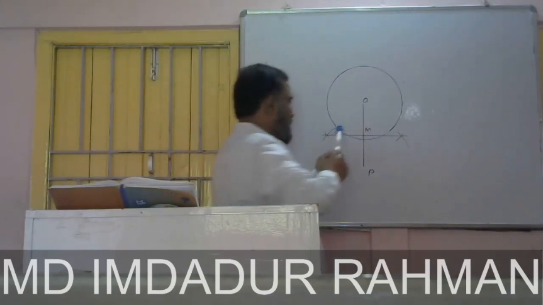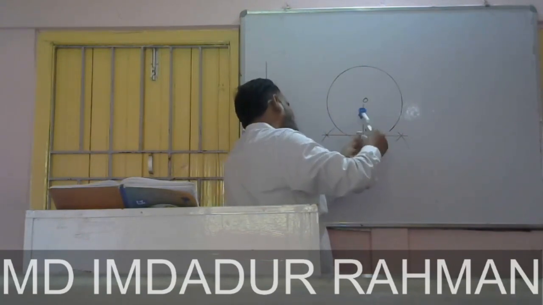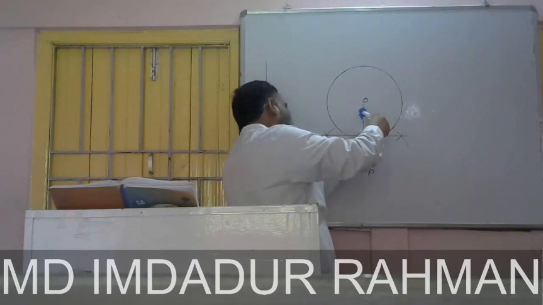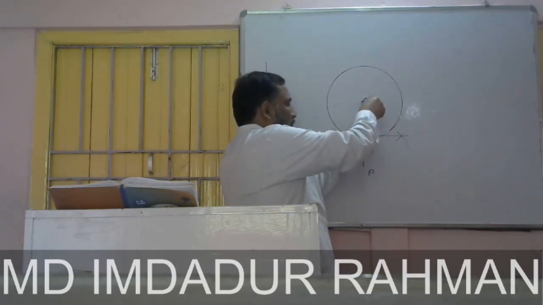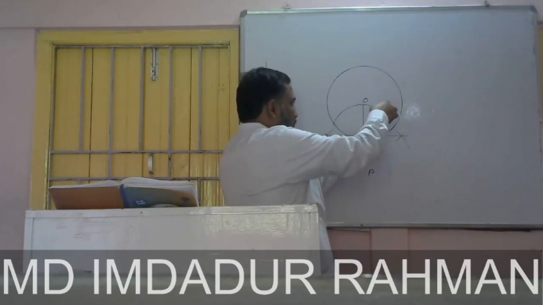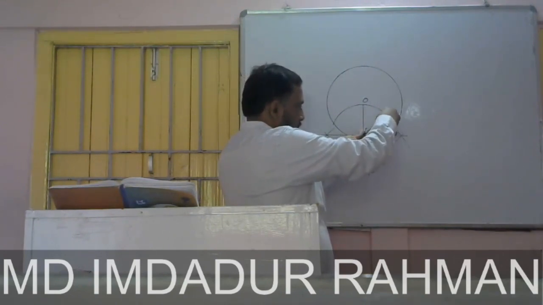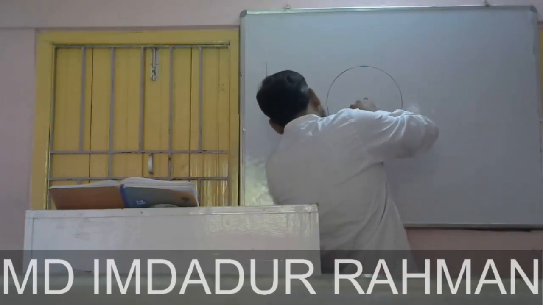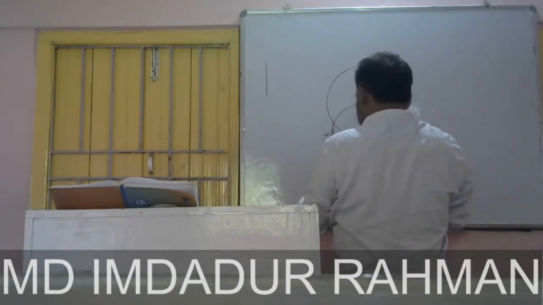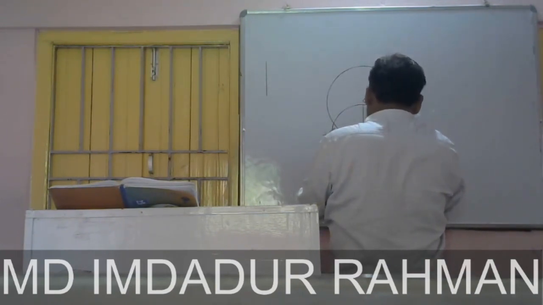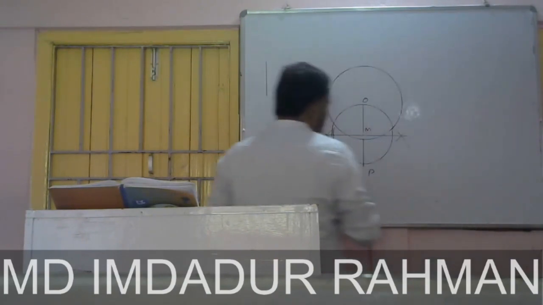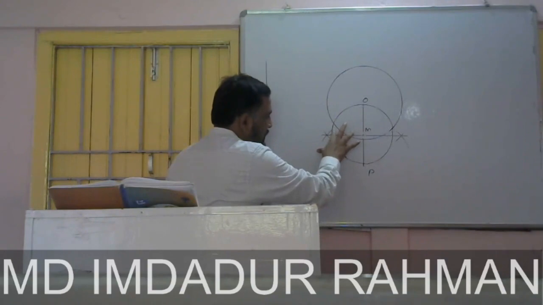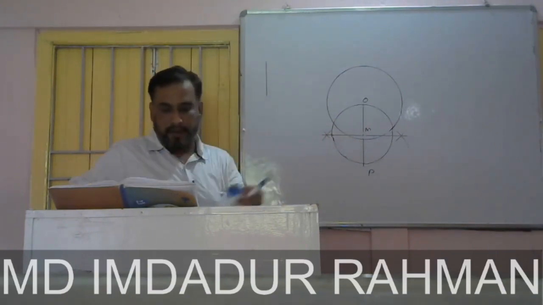Now centering at M and radius equal to OM, we draw another circle, or half of the circle, which will intersect the previous circle at 2 points.